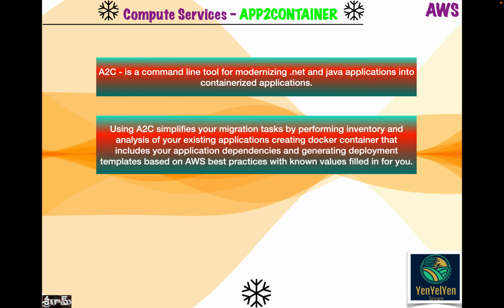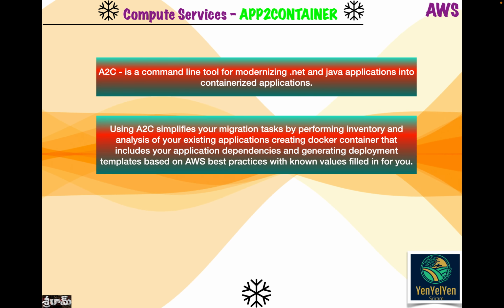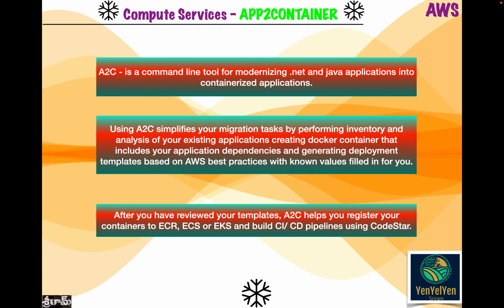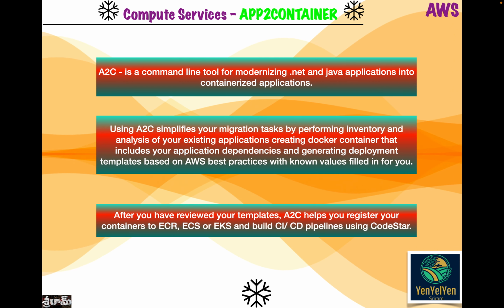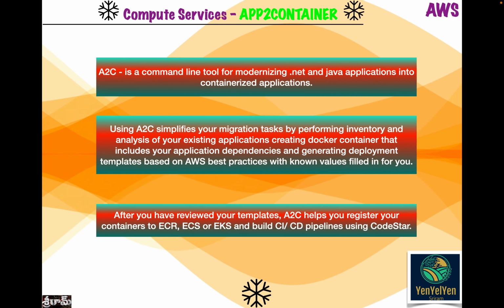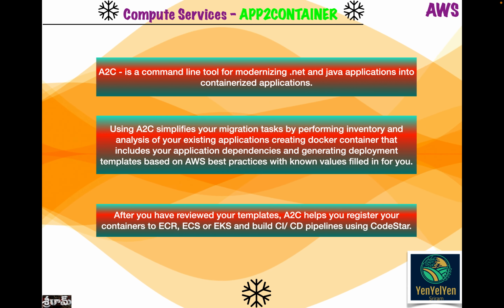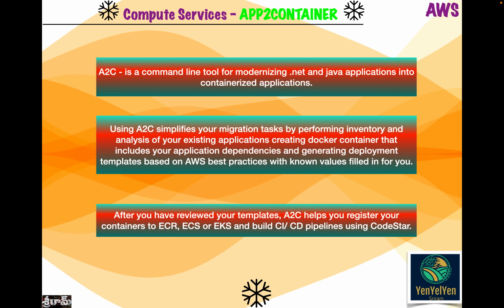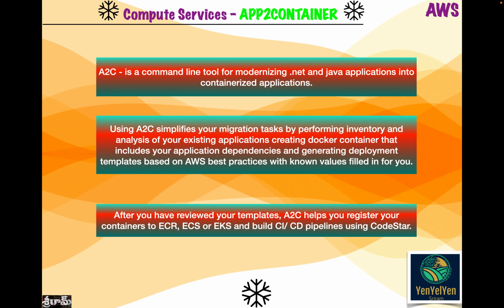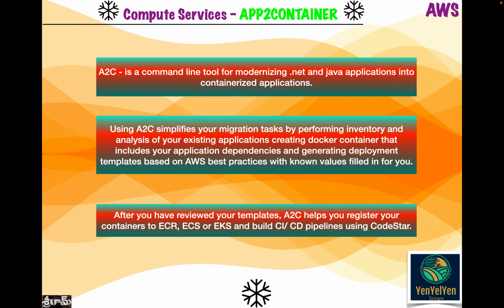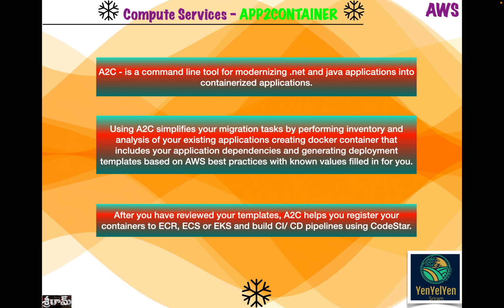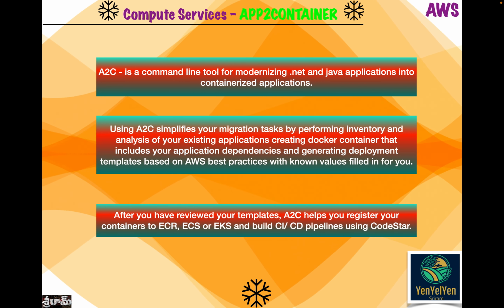Using A2C, that is App2Container, simplifies your migration tasks by performing inventory and analysis of your existing applications, creating Docker containers that include your application dependencies, and generating deployment templates based on AWS best practices with known values filled in for you. After you have reviewed your template, A2C helps you register your containers to ECR, ECS, or EKS and build CI/CD pipelines using the AWS service CodeStar.